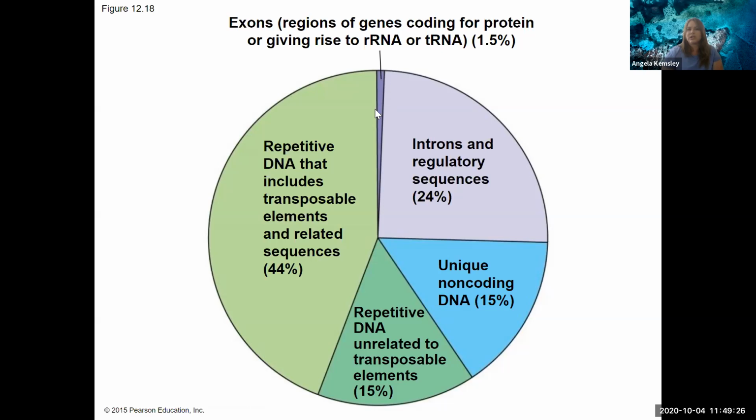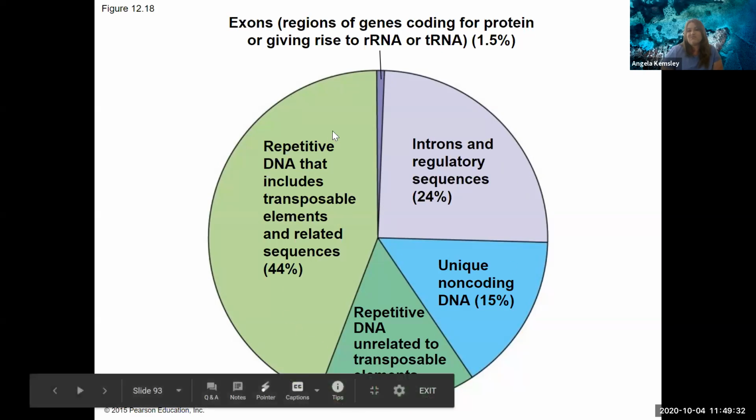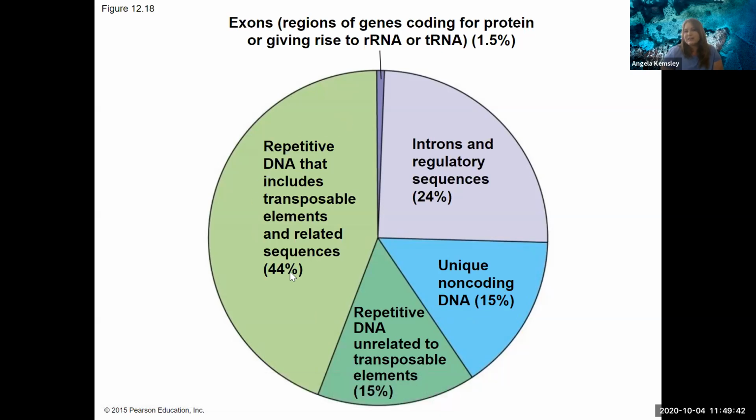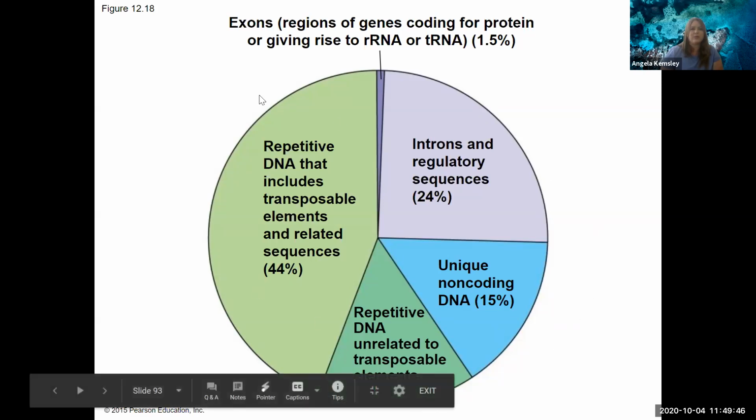If we get a mutation in this 1.5%, that can be really, really bad. But if we get a mutation in the rest of this, it often doesn't matter. These regions do other things, like our introns and regulatory sequences, but if they get a mutation, it doesn't always matter. So that's one of the biggest advantages of having a large portion of our DNA be non-coding. It makes it less likely that mutations are going to affect what we're doing.